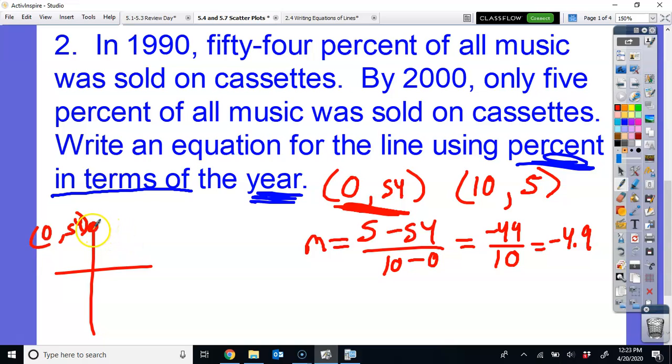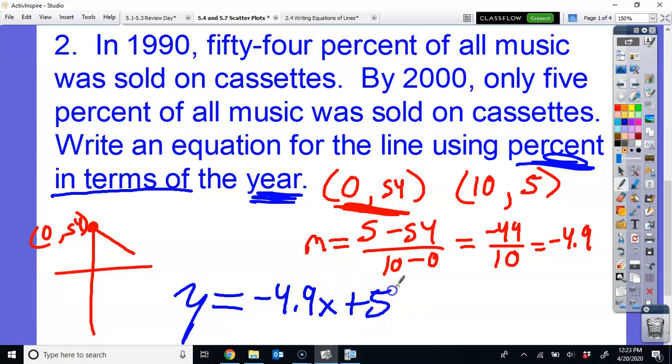So my slope is negative 4.9 over 1, or down 4.9 over 1, or down 49 over 10. And then my B value is 54. So now I already have my equation. Y equals negative 4.9x plus 54 for my beginning amount. I didn't actually have to do a whole lot of work to find my B value because I made 1990 be the beginning.